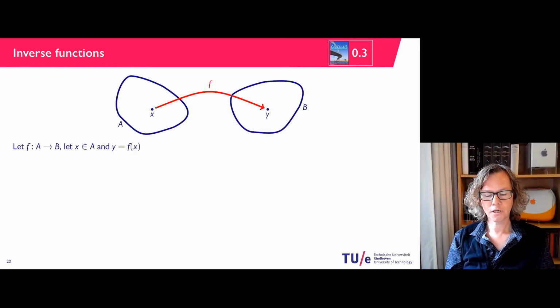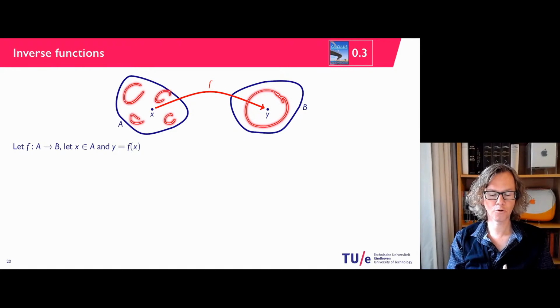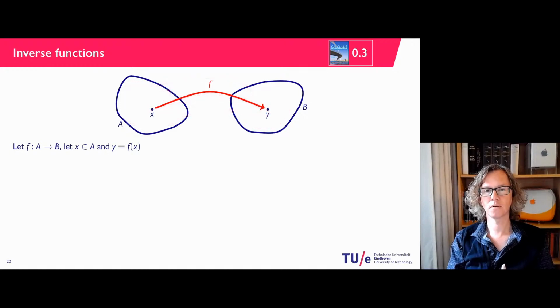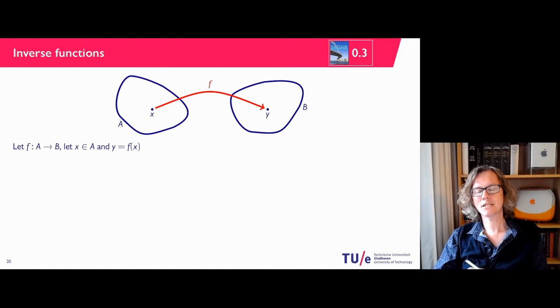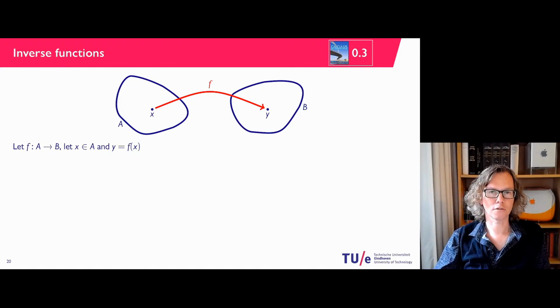And what you see then is that a lot of you will all be mapped onto the same value there. Which means that you couldn't go back. You couldn't go from y to x, because if I would start with the age of 18 here, there would be many students in the set here on the left that are all being mapped to this value of 18. So, such a map does not have an inverse, it is said.